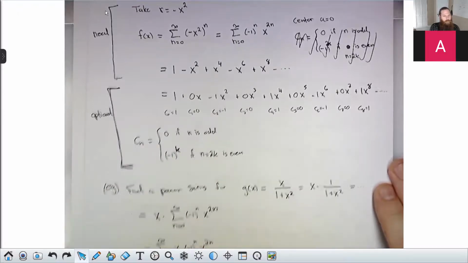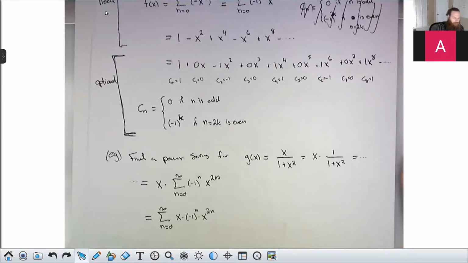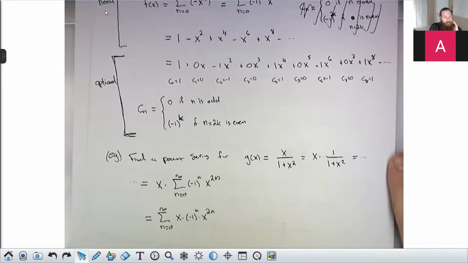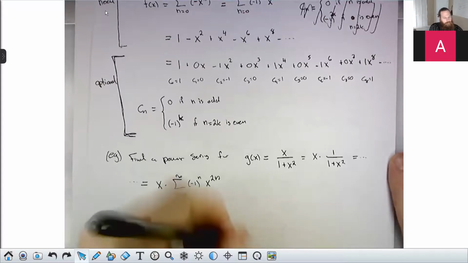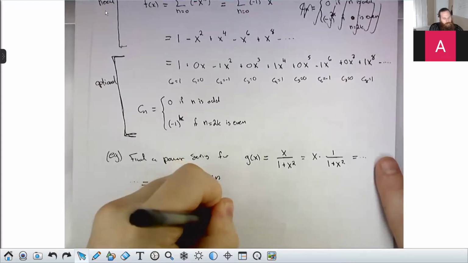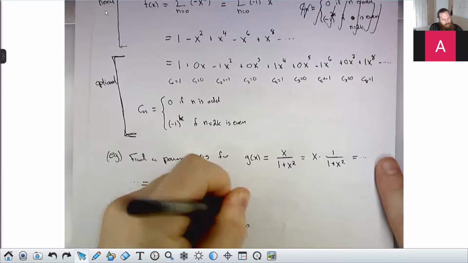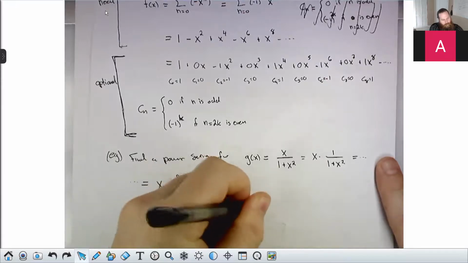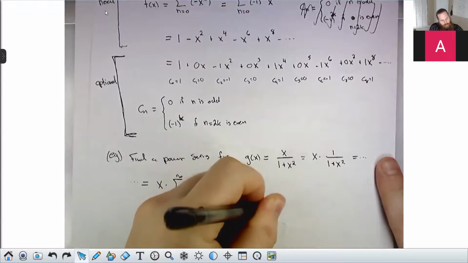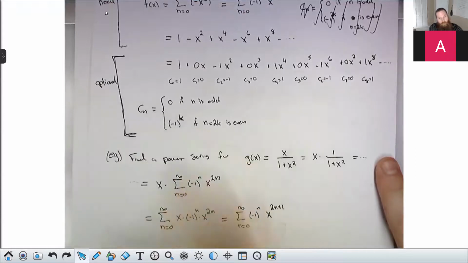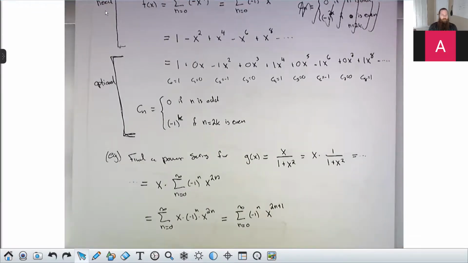And these things are all being multiplied. x times x to the 2n is x to the 2n plus 1. Nifty stuff, right?